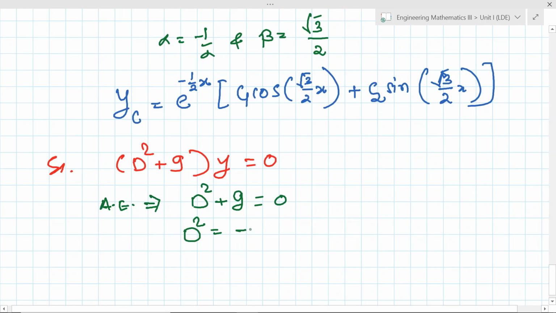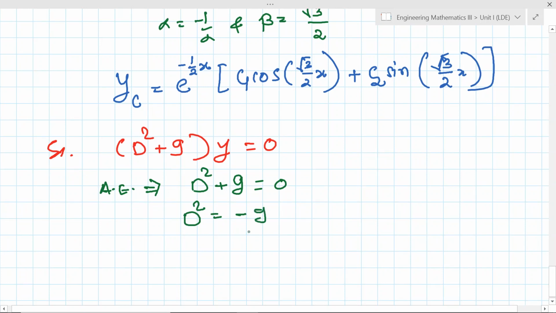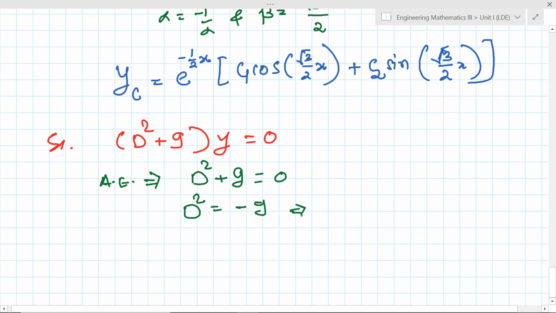See how I can find the roots. d square is equal to minus 9, and d is equal to plus minus root over minus 9. If we take the square root, this is plus minus 3 into root minus 1, which is plus minus 3i.